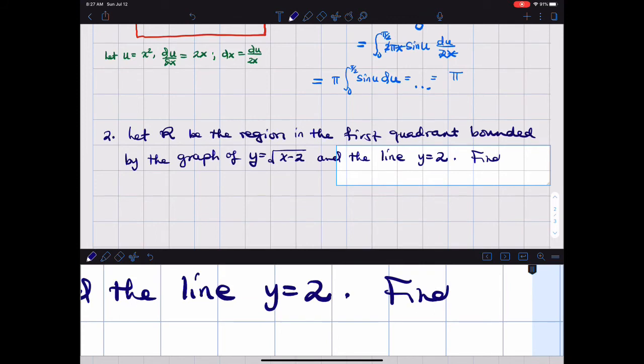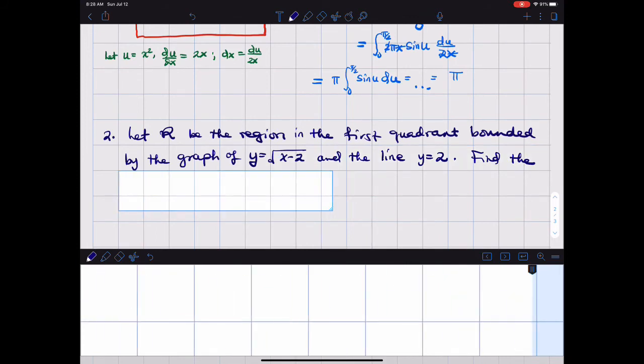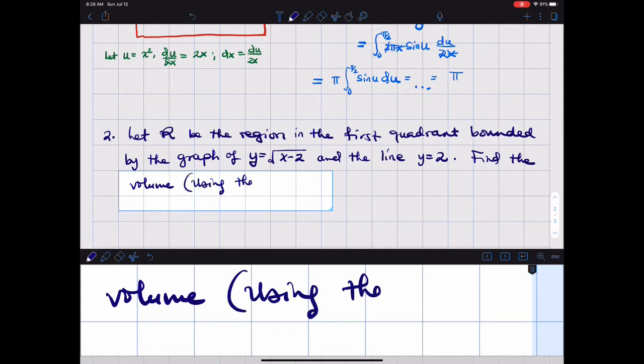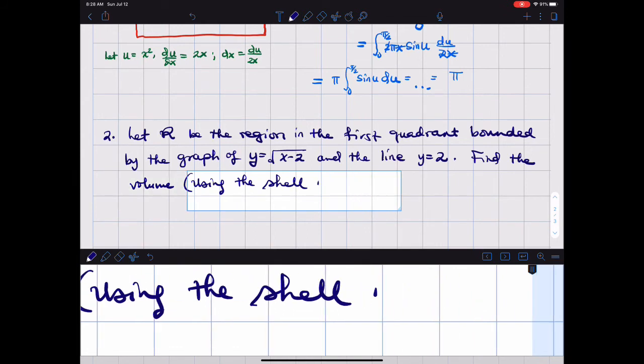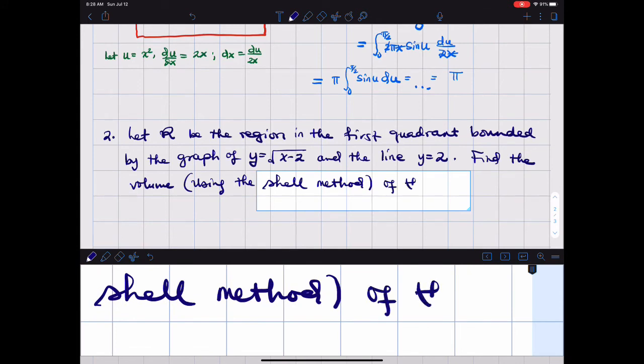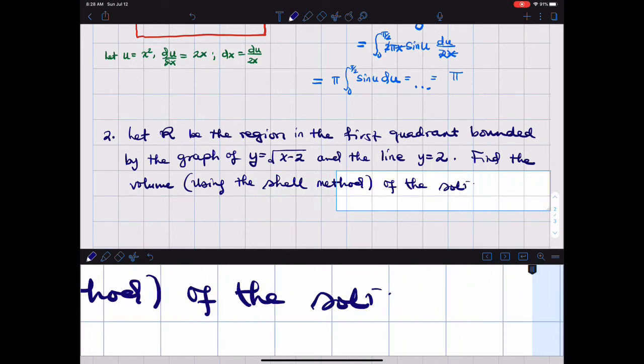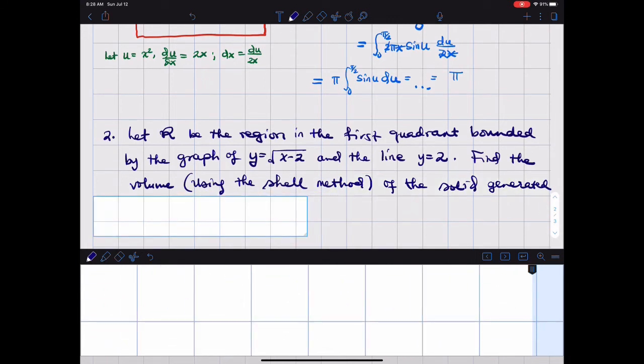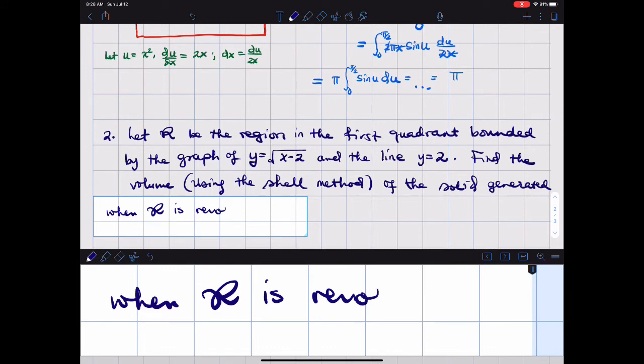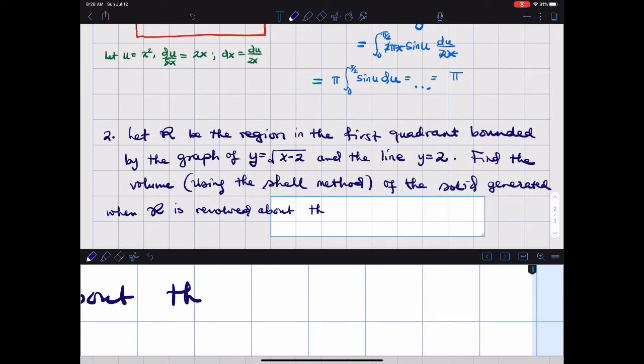So we would like to find the volume using the shell method of the solid generated when R is revolved about the x-axis.